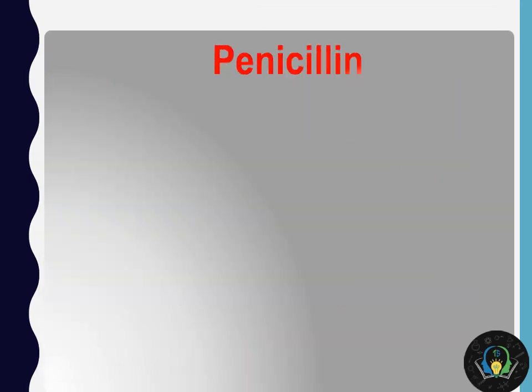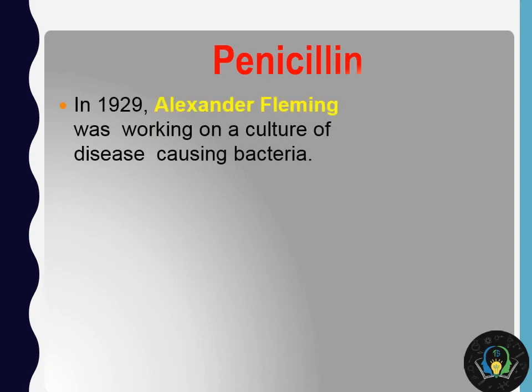The next thing is penicillin, the very first antibiotic that was ever made. Alexander Fleming was working on a culture of disease causing bacteria, meaning he was studying a group of bacteria that was causing some sort of disease.